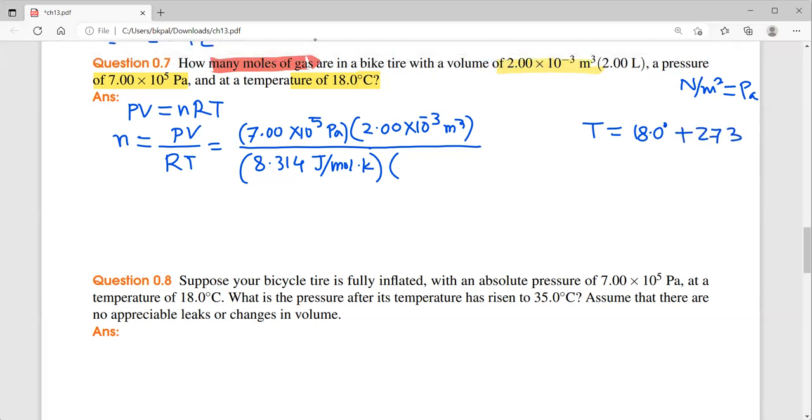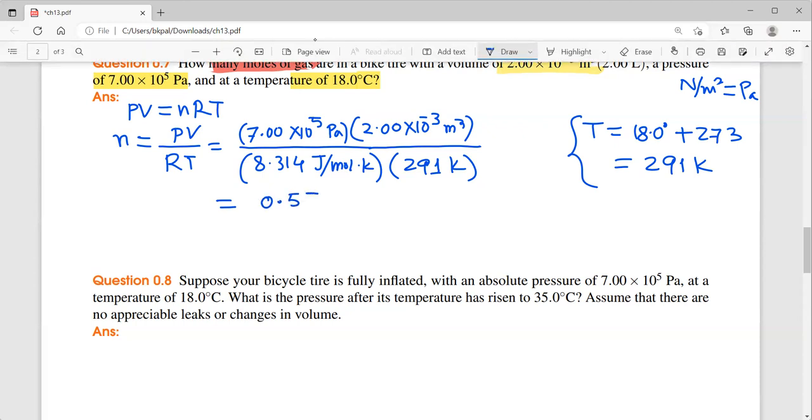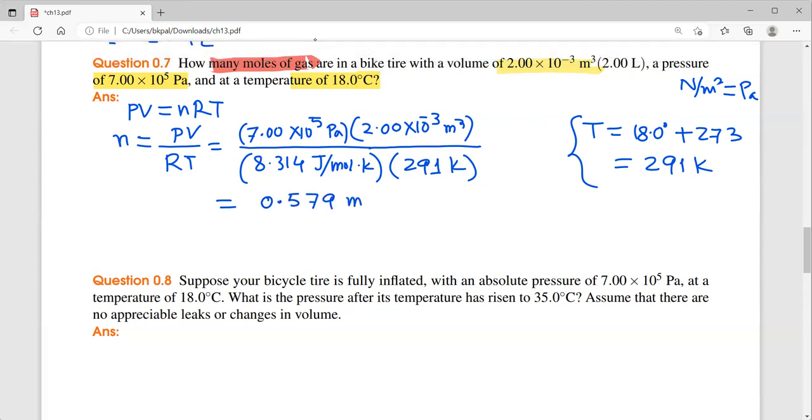We have to add 273 to it. So that means the temperature here is 291 Kelvin. Whenever you have this kind of problem, make sure you convert temperature to Kelvin, not degrees Celsius. If you plug in the value in degrees Celsius, you get an incorrect number. So the answer is 0.579 mole.